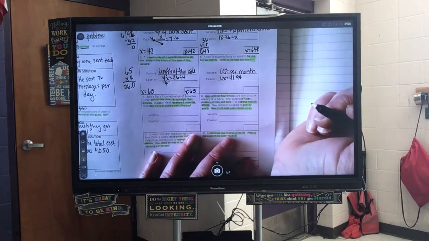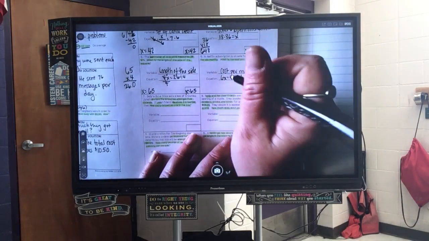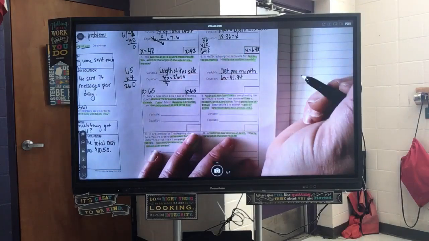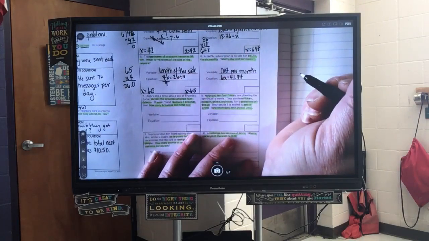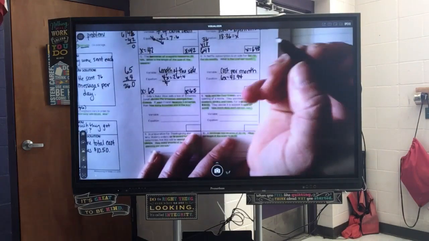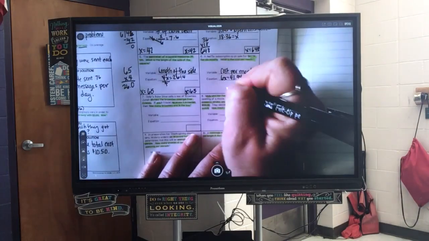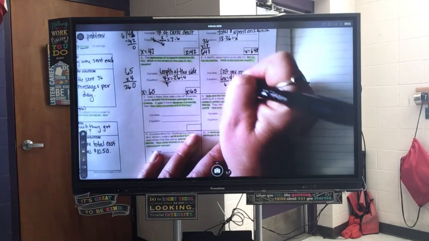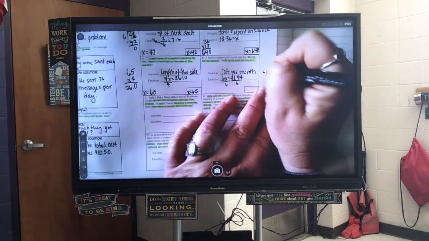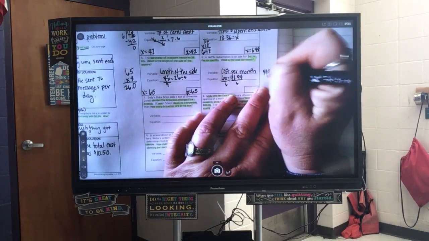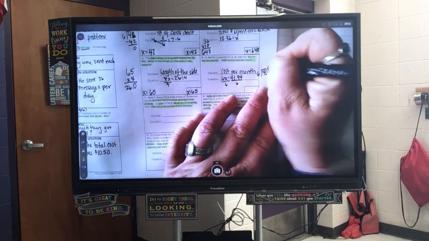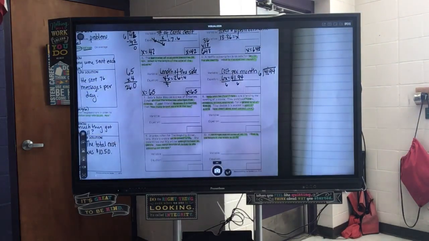Your pencils are down, because I know you did at least 6, 7, and 8, so nobody should have pencils in their hand. No, divide. We have to divide. So when we divide 41.94 divided by 6, raise your hand and tell me, what do you get?